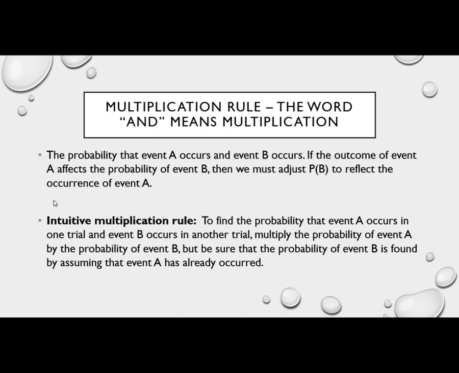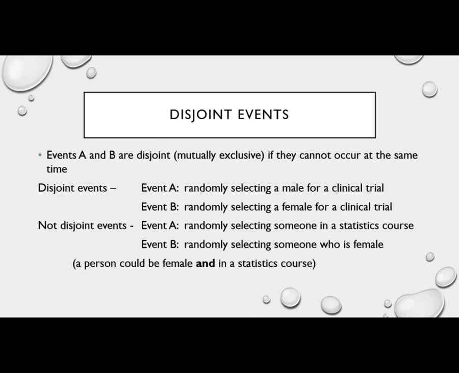So the probability that event A occurs and event B occurs: if the outcome of event A affects the probability of event B, then we must adjust the probability of B to reflect the occurrence of A. The intuitive multiplication rule: to find the probability that event A occurs in one trial and event B occurs in another trial, multiply the probability of event A by the probability of event B, but be sure that the probability of event B is found by assuming that event A has already occurred. Hang in there, we're getting to an example.